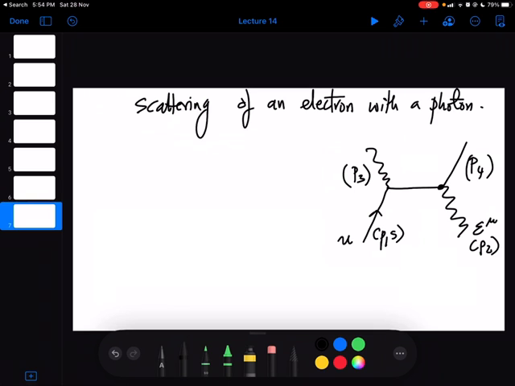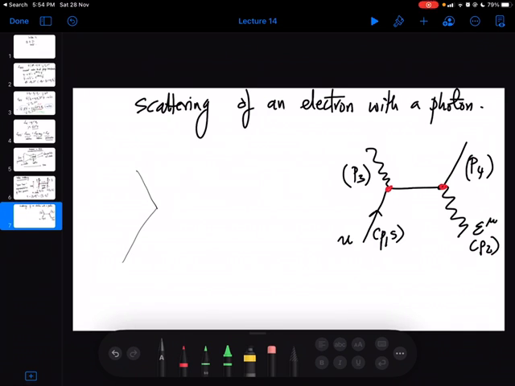Now why is this the only diagram you can think of? First of all, the vertex or the interaction is only between two electrons and a photon. Now let's try to put two electrons.